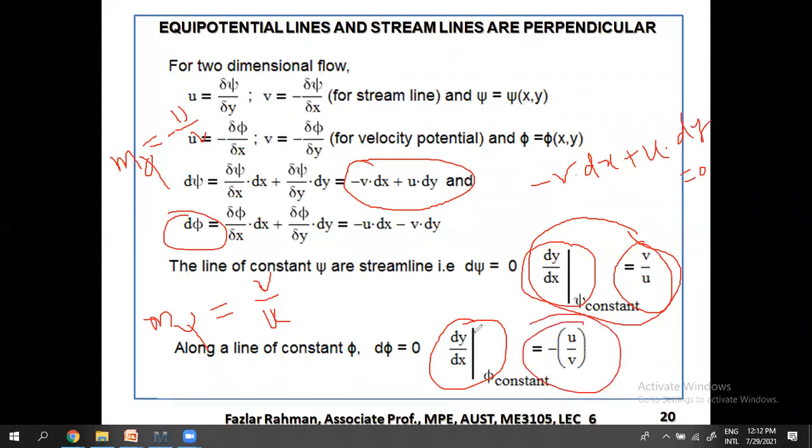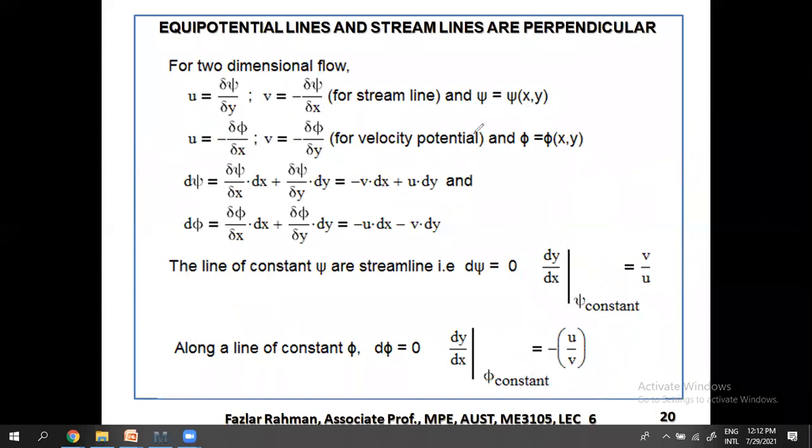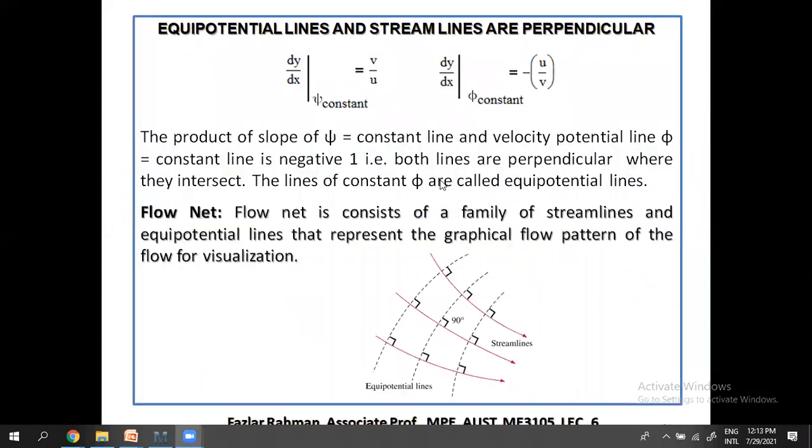So if the product of the slopes of two lines is minus 1, then what does it mean? That means they intersect each other at a 90-degree angle. M1 into M2 equal to minus 1, then they intersect each other in a perpendicular direction.